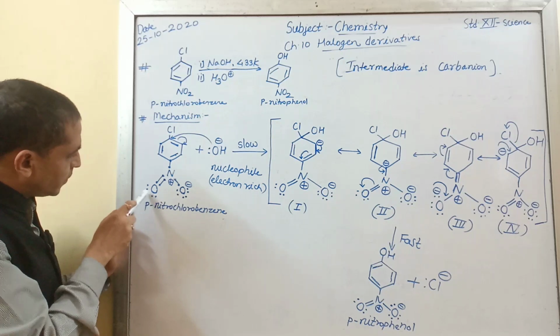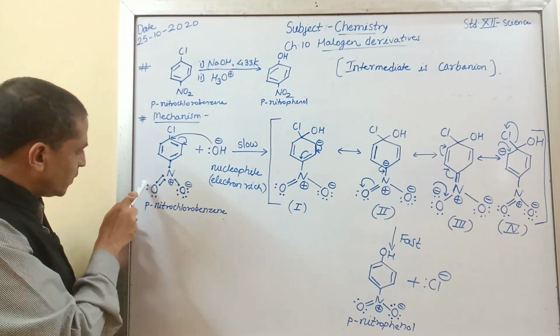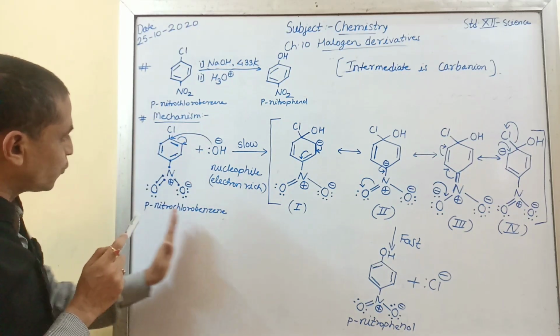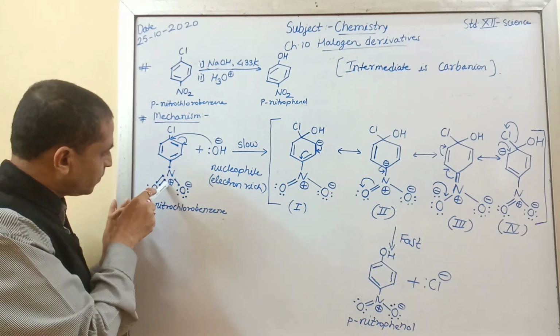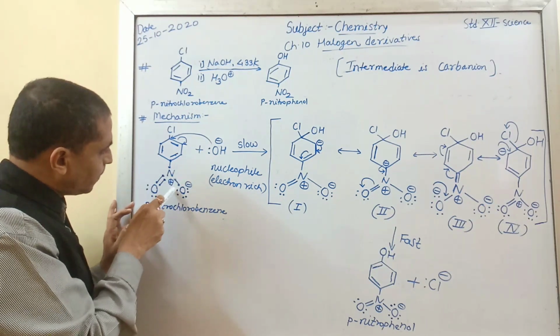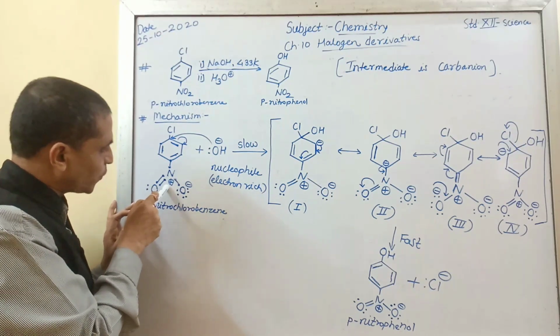The valence electrons present in oxygen are 6. Now this is the structure of para-nitrochlorobenzene. Here nitrogen shares 2 electrons to this oxygen. Therefore, here nitrogen acquires a positive charge.